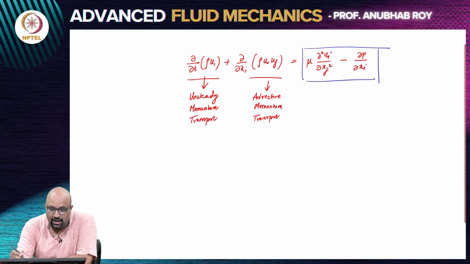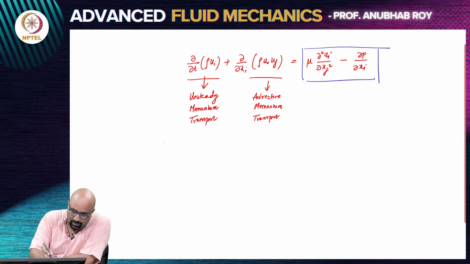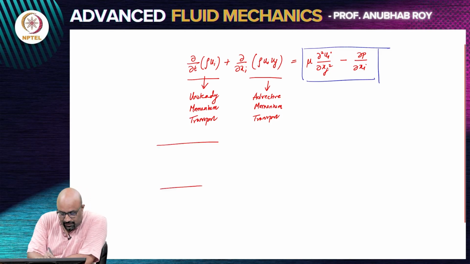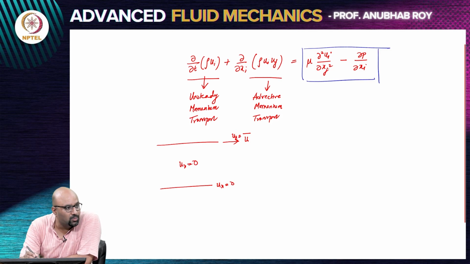So, effectively in all the problems that we did, if we just revisit a problem that we tried out, which was the problem of plane Couette flow. What we said is that if you were to start this problem, at time t equals 0, you have the top plate starting to slide with a given velocity and the bottom plate is at 0, and the fluid velocity in the gap between the two plates is 0.